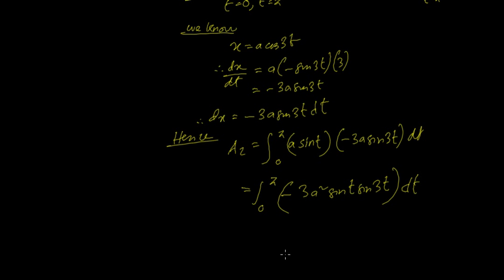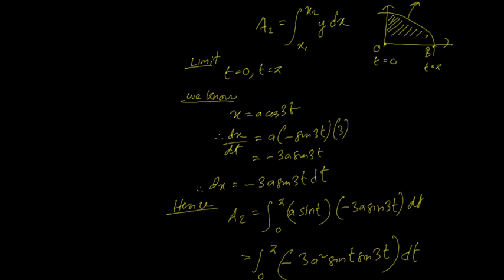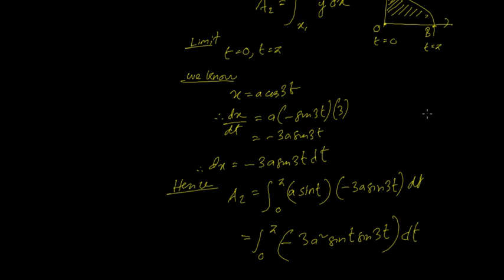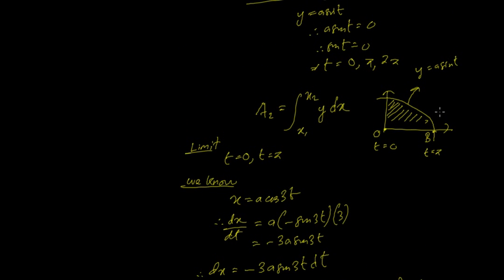Okay, all set, but one thing needs to be mentioned here. The limit here is from origin O. So at O, x equals 0. We don't know whether t equals 0, we just know here x equals 0 and here x equals something else. We need the limit. I think we have already done this.